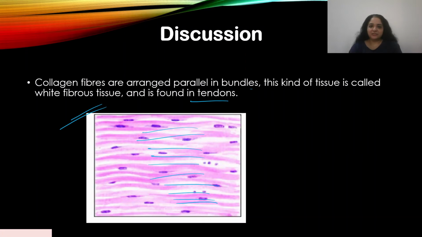It's definitely white fibrous tissue. So I think you should remember the difference between tendons and ligaments. Now that I have already discussed it, you can note it down in your notebooks, because tendons are a little different from ligaments in terms of what kind of tissue is present there.